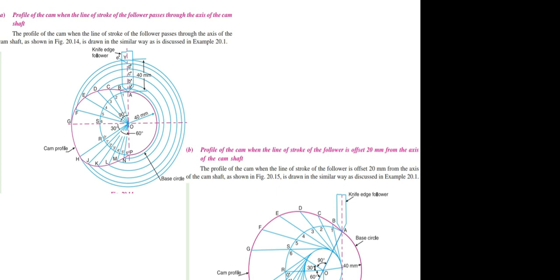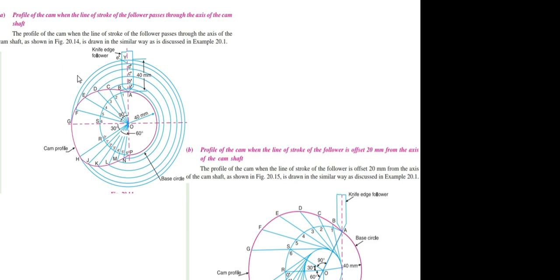Now theta O is the angle of revolution of the cam during which the follower moves from its bottommost position to topmost position. Here the direction of rotation of the cam is not given, so assume it is rotating in clockwise direction. So we are going to divide the base circle in anti-clockwise direction. Whenever it is given that the cam rotates in clockwise direction, divide the base circle in anti-clockwise direction.